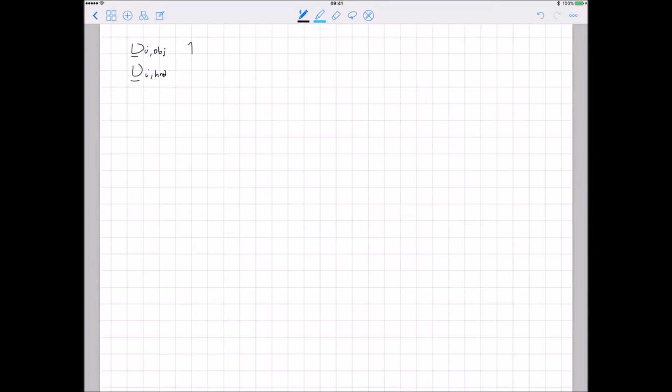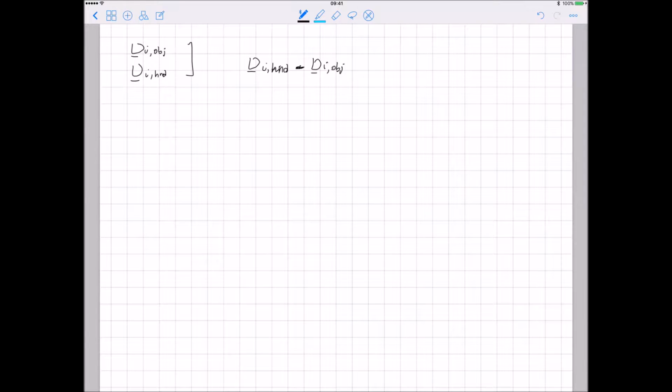So the first thing that we can do is to evaluate the relative twist at the contact as the difference between the twist that I have on the hand minus the twist that I have on the object.